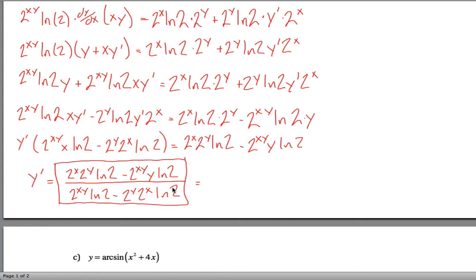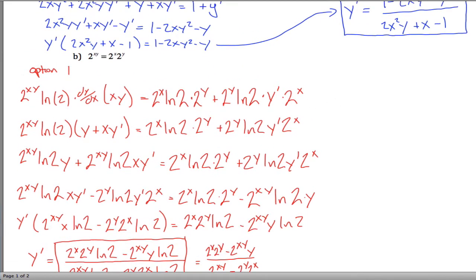But as an FYI, factor out a natural log of 2 from the bottom and the top and cancel them, we'd be left with 2 to the x, 2 to the y, minus 2xy times y divided by 2xy minus 2 to the y, 2 to the x. Can we do anything more? I don't know, maybe. Yeah, I don't see anything. Call that good.